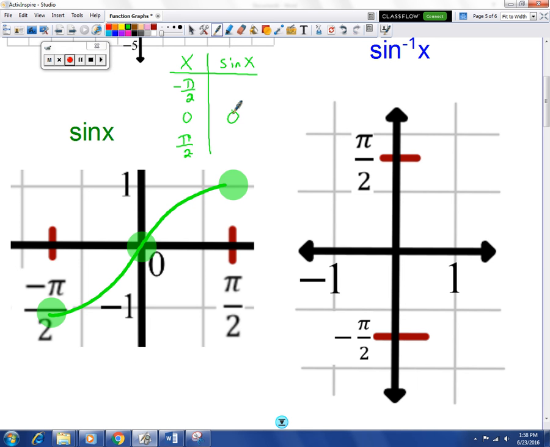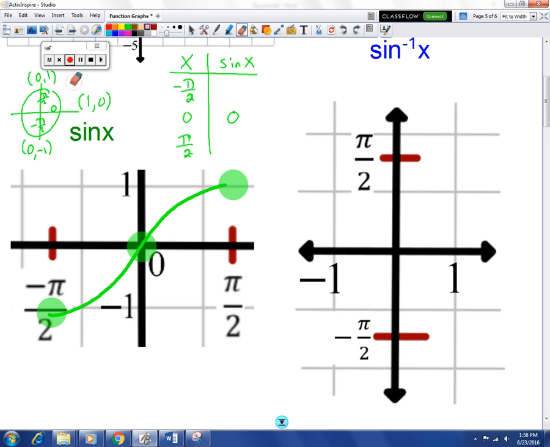The sine of positive pi over 2, remember on the unit circle, here's 1, 0 over here, and here's 0, pi over 2 is at the top, and negative pi over 2 is down here at the bottom. The coordinates here are 1, 0, up here is 0, 1, and the coordinates down here are 0, negative 1. All the values in between have square root of 3 over 2, 1 over 2, or square root of 2 over 2, so that's why I'm avoiding those values.